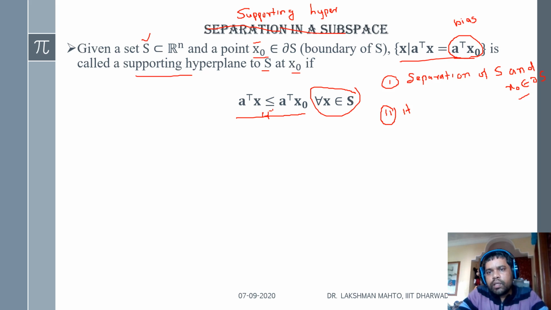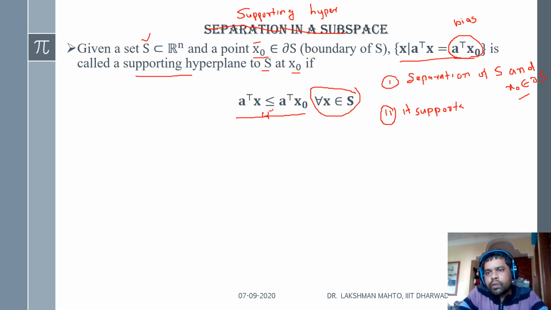It provides support to the set at point X naught. So it supports, or tangent. Support and tangent both are the same thing. The better word is support because it resembles supporting hyperplanes. That's why I am writing support.